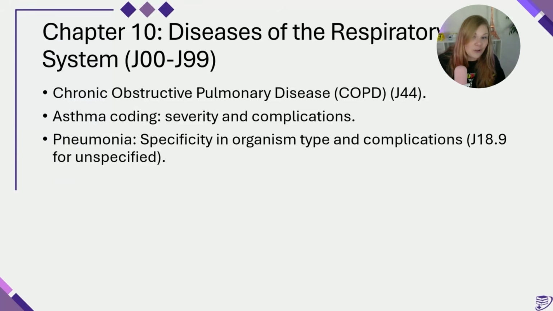J18.9 is our catch-all code for the unspecified pneumonia, but we always want to look for anything else that might be somewhere in that documentation that specifies it. Sometimes they might not say it right next to it. They might not make it obvious. They might put it somewhere else in the documentation because this is an examination where they're testing you. They want to really see if you're going to be proficient and demonstrate all of the appropriate skills that you can use in this field.